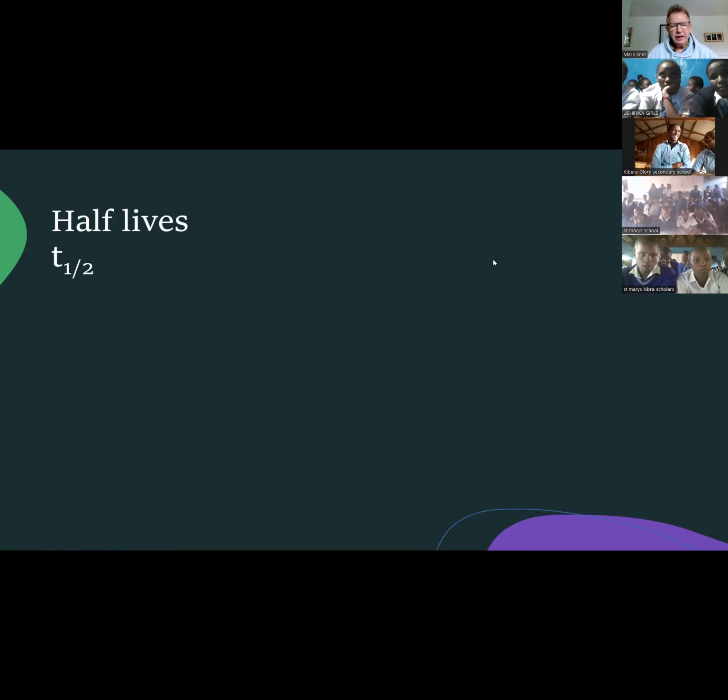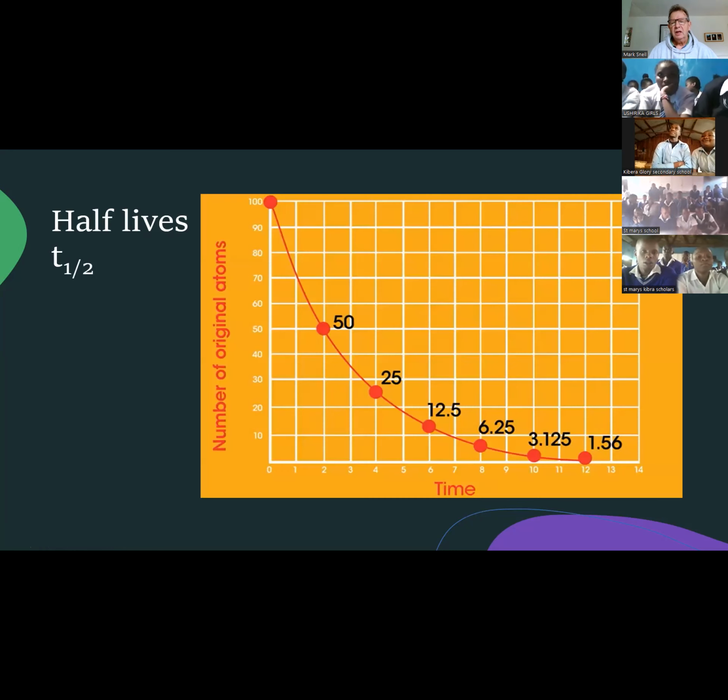When they started looking at radioactive chemicals, they discovered something called half-life. And half-life is a very simple idea. And it goes like this: something which decays by radioactivity in a certain amount of time halves the number of the original atoms.